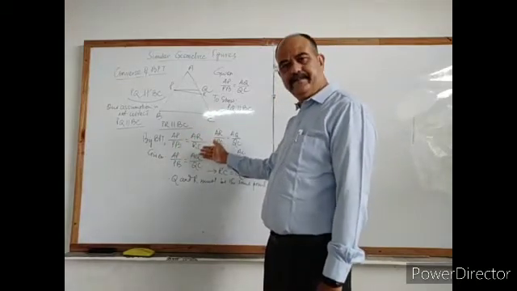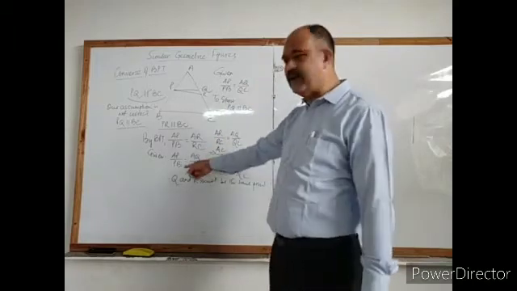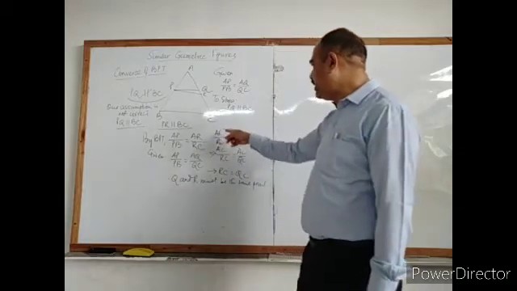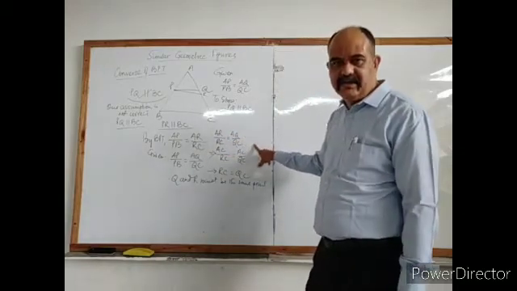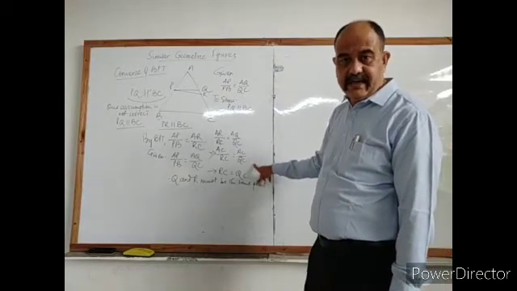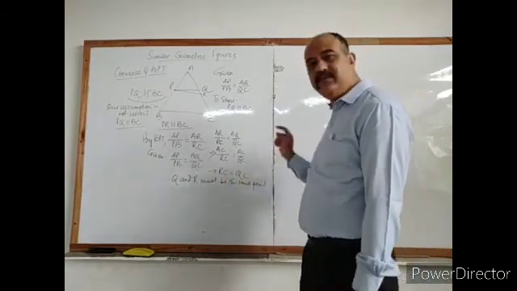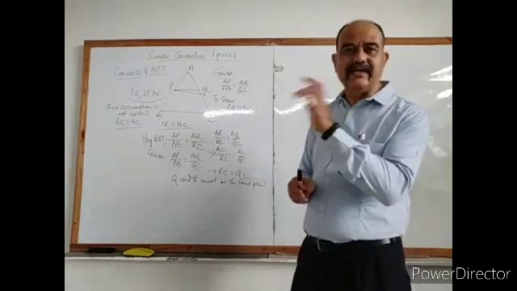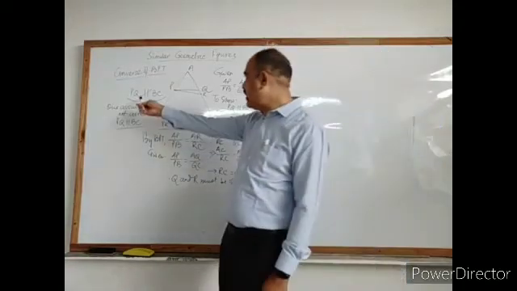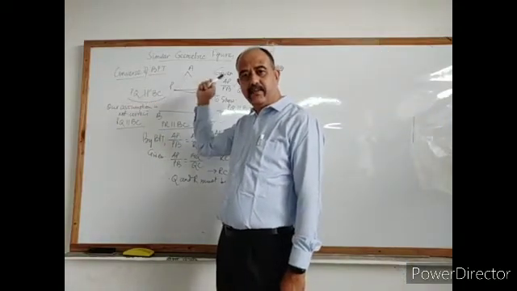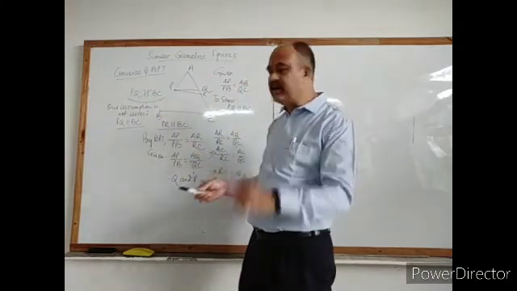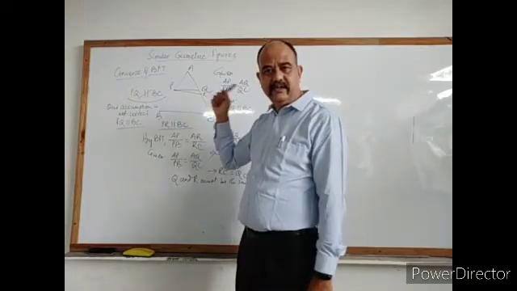But it is given that AP by PB is equal to AQ by QC. Comparing these two, we get AR by RC equal to AQ by QC. From this, we get AC by RC equal to AC by QC. If AC is removed, then we get RC equal to QC, which means R and Q are the same point. If R and Q are the same point, then our assumption that PQ is not parallel to BC is wrong. So if the assumption is wrong, then PQ is parallel to BC. Fine?